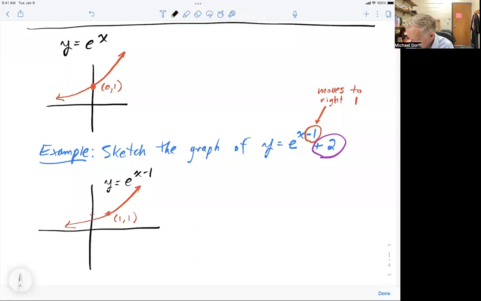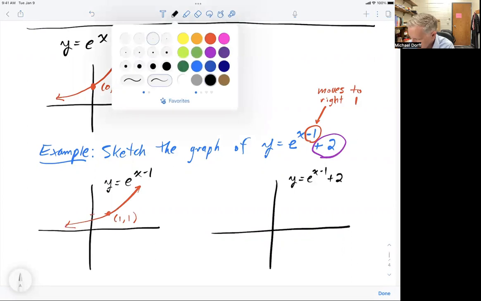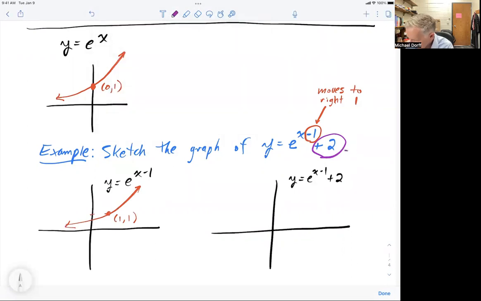Now I want to do the plus 2. What does the plus 2 do? So I'm going to look at y equals e to the x minus 1 plus 2. So I'm taking my previous function here, and this plus 2 moves it up 2. So I'm going to take my red graph from here, where this point was 1, 1.